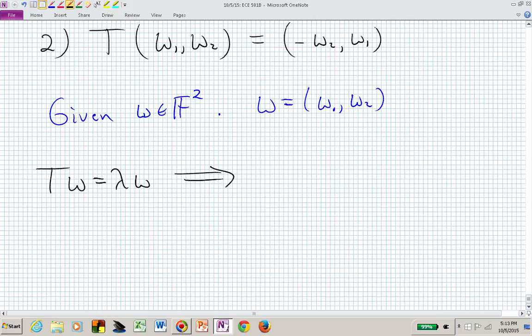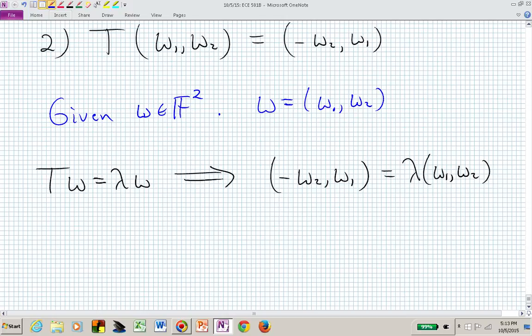What's the left-hand side if that's TW? If we go up to the defining equation for that linear map, we say that TW must be minus W2, W1. But we want that to equal lambda times the original vector W. What we're trying to do is find lambdas that might allow this to hold.